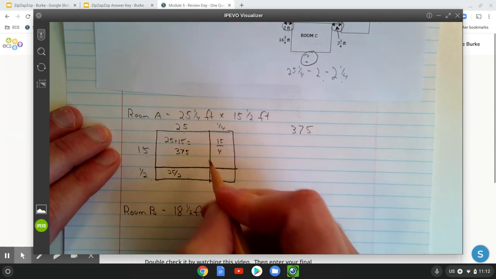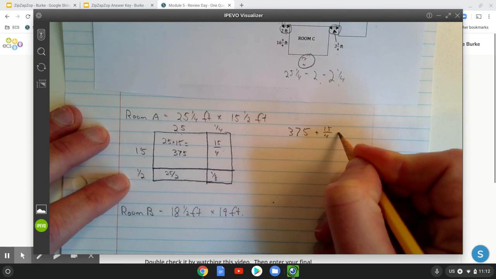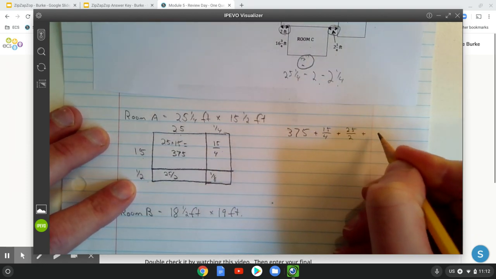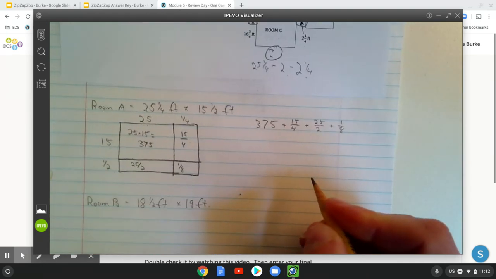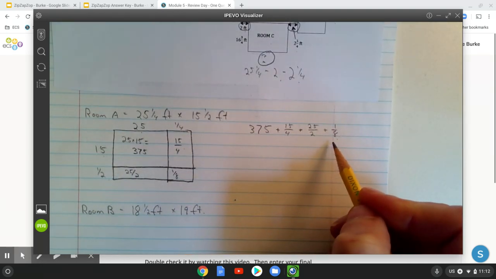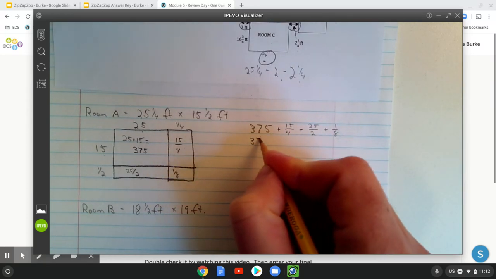Then I need to add those up: 375 plus 15 quarters plus 25 halves plus 1/8. I see that 1/8 is going to be a common denominator, so I'm going to change those to 8ths right now.